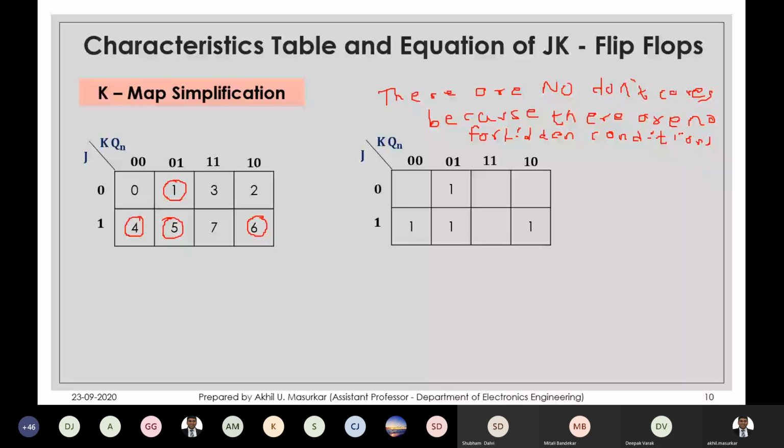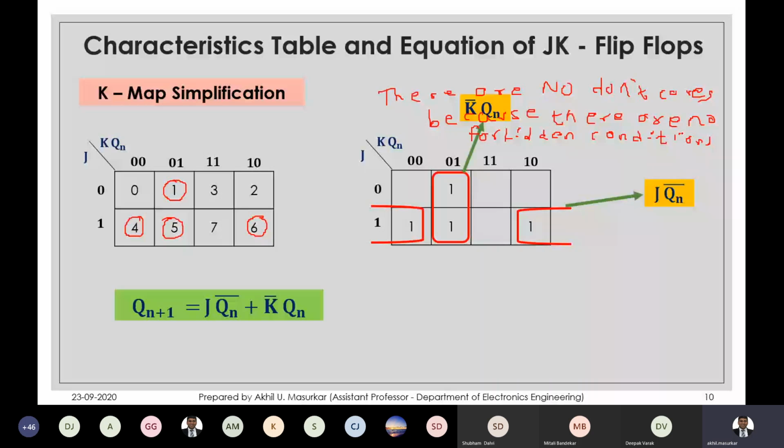Let us see. This is one pair. This is another pair. So J Qn bar is correct, Omkar, and K bar Qn is also correct. Yes, absolutely correct, Omkar. Very good. So the characteristic equation will be Qn plus 1 is equal to J Qn bar plus K bar Qn.